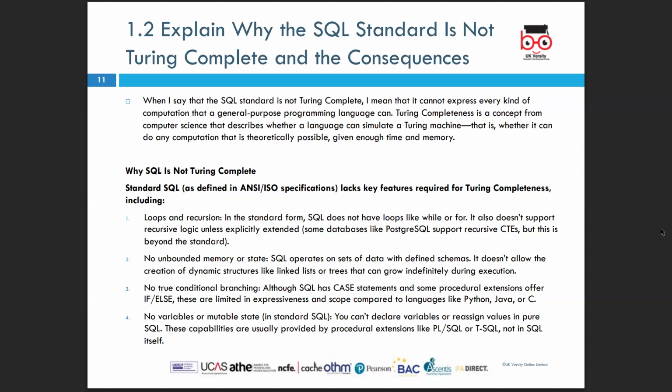Then unbounded memory or state. For example, SQL operates on sets of data with a defined schema, which does not allow the creation of dynamic structures like linked lists or trees that can grow indefinitely during execution. Also, no true conditional branching.